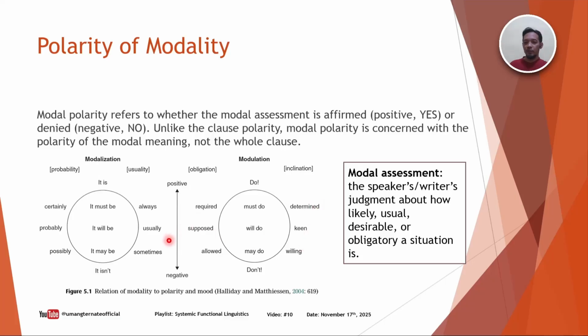So when the value of modality is high, then it becomes near to the positive polarity. And when it is low enough, then it can be said that it is near to the negative polarity. But we need to remember that modal polarity is always between yes and no.